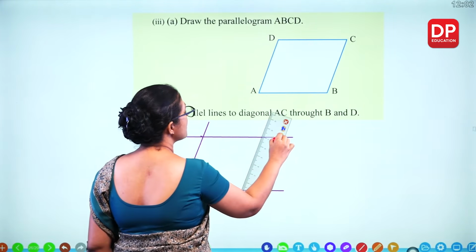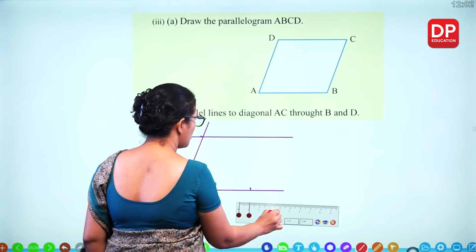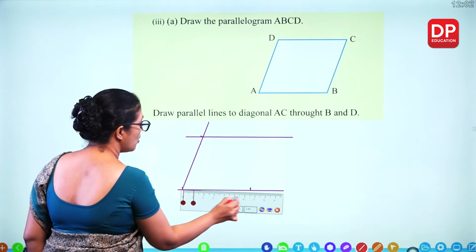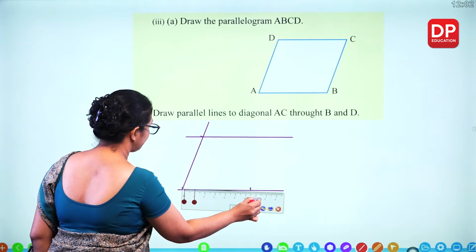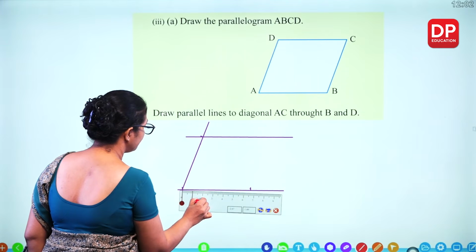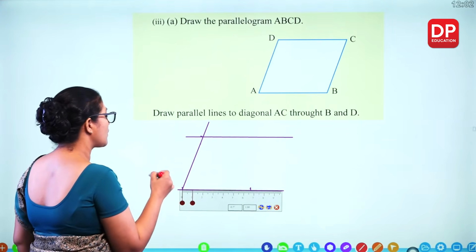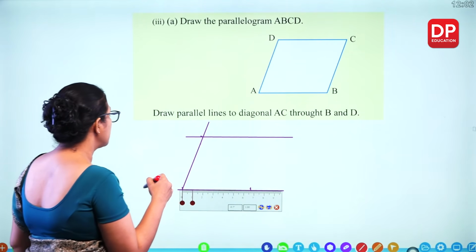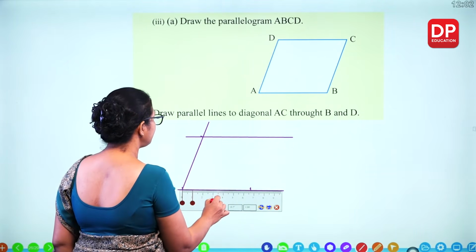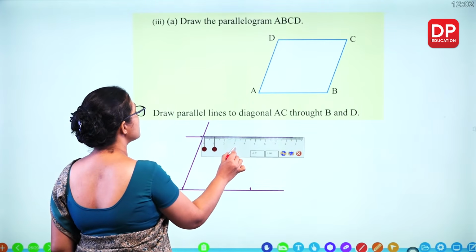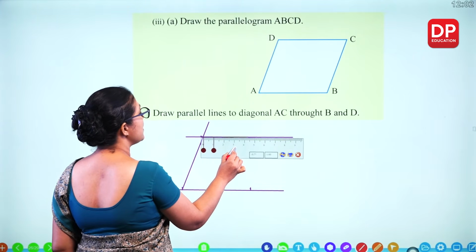So what was the length we got before? 6.7. So you mark 6.7 from here.